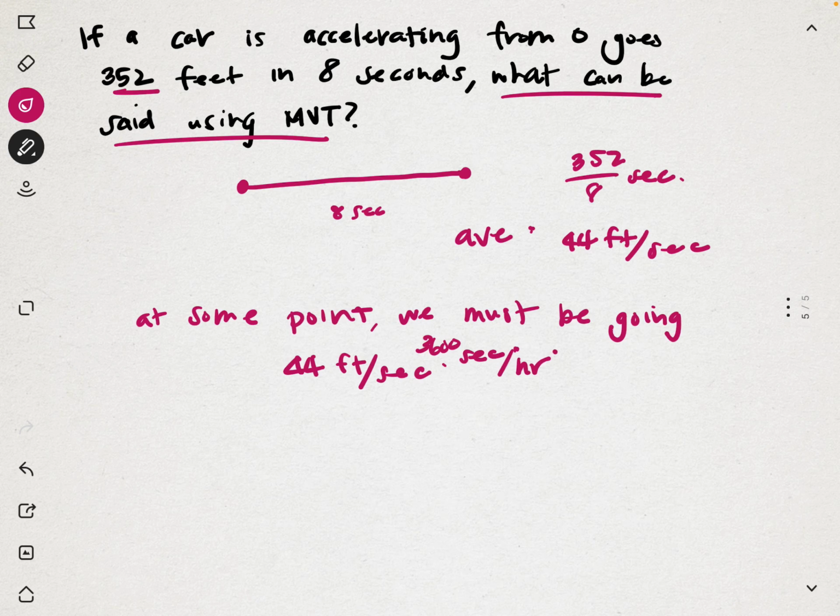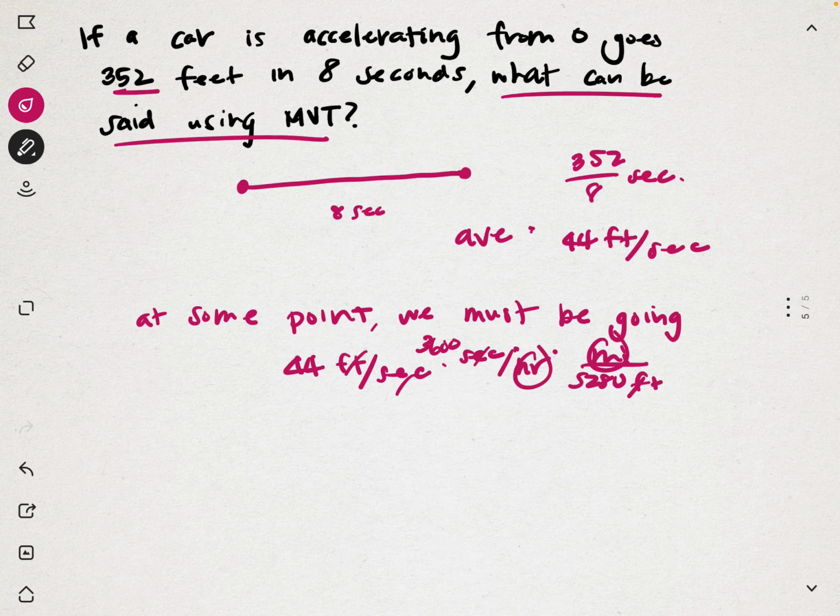And then there's going to be 5,280 feet per mile, right? So then we can check: feet and feet cancel, seconds and seconds cancel, so we're left with miles per hour. Good.